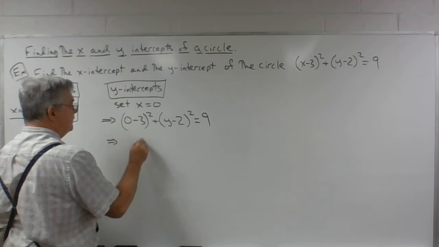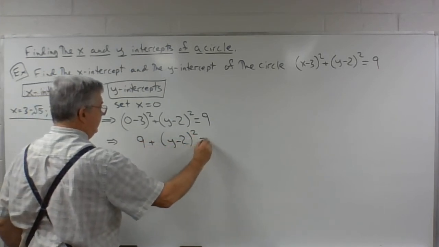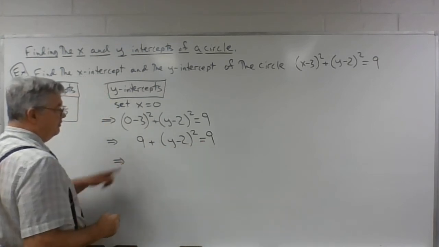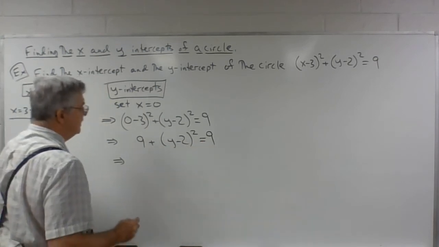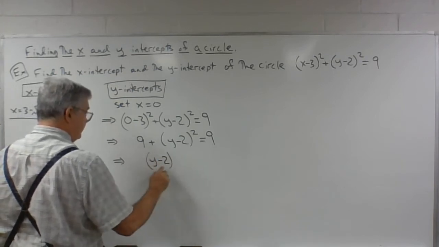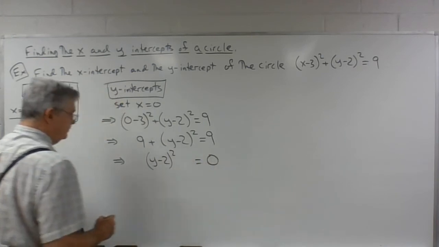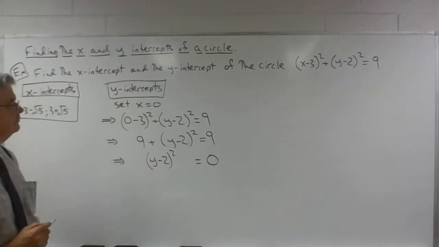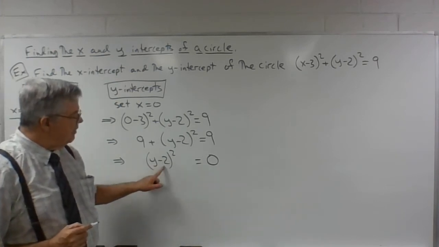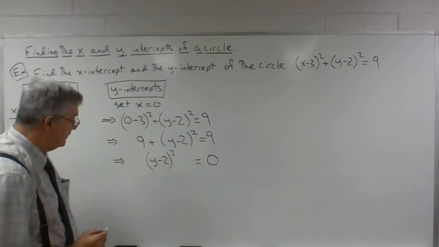We square negative 3, we get 9. And if we subtract 9 from both sides, we get (y minus 2) quantity squared equals 0. The only number that we can square or multiply by itself to get 0 is 0.